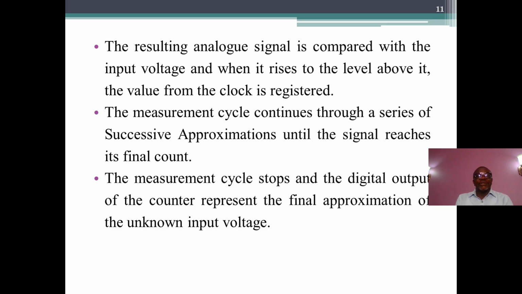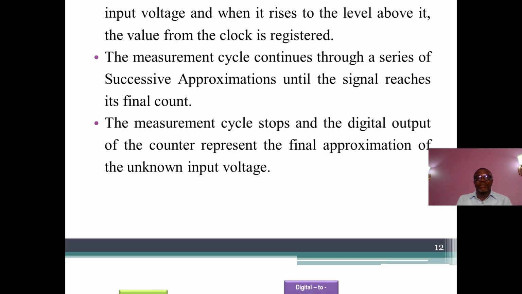See the diagram. The resulting analog signal is compared with the input voltage, and when it rises to the level above it, the value from the clock is registered. The measurement cycle continues through a series of successive approximations until the signal reaches its final count. The measurement cycle stops, and the digital output of the counter represents the final approximation of the unknown voltage.